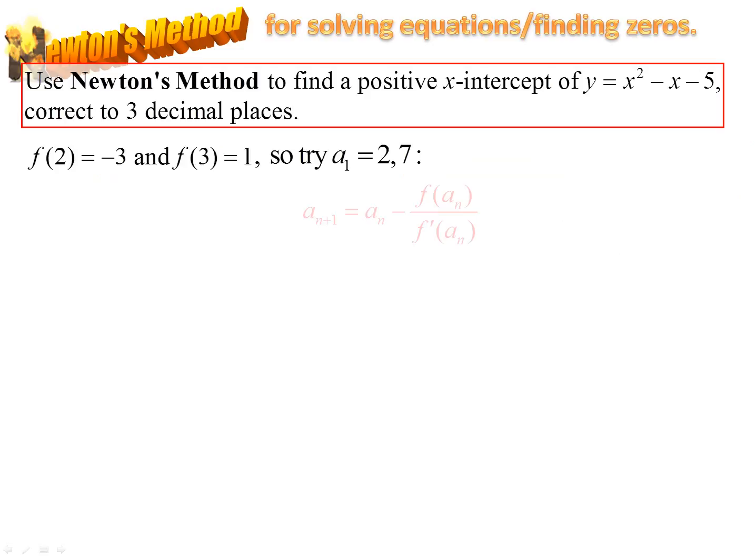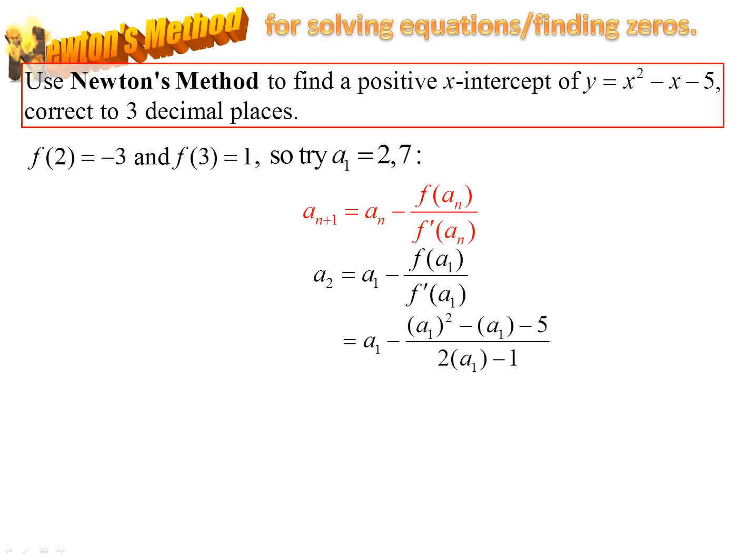Now, there's our formula. New approximation equals old approximation minus f of the approximation over f prime of the approximation. In this case we have a1, so we're going to find a2.